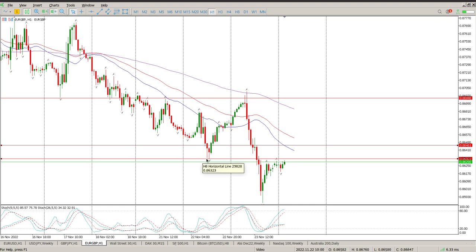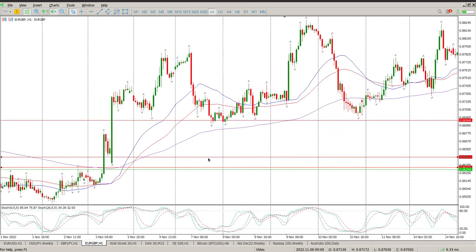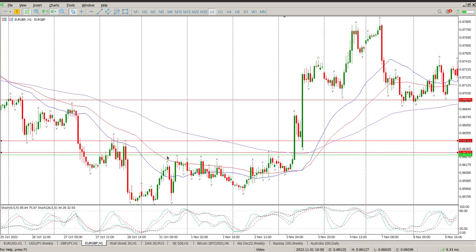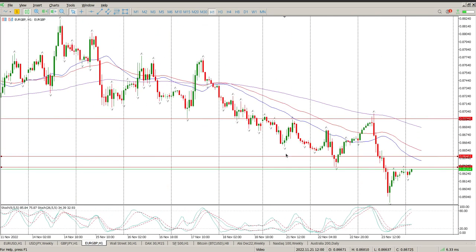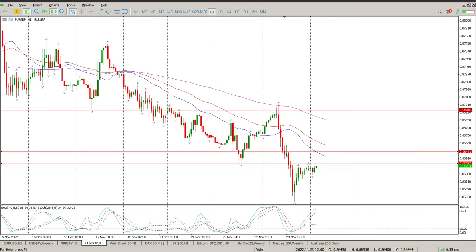So yeah, okay, so there's our swing low at 0.86323, and I'll need to swing to the left just to see if there's anything else. Yeah, there's our next bit of structure here at 0.86461, but pay attention to how chaotic this area was here, just below this level. So what we're looking at the moment is a separation of the oscillators right now.